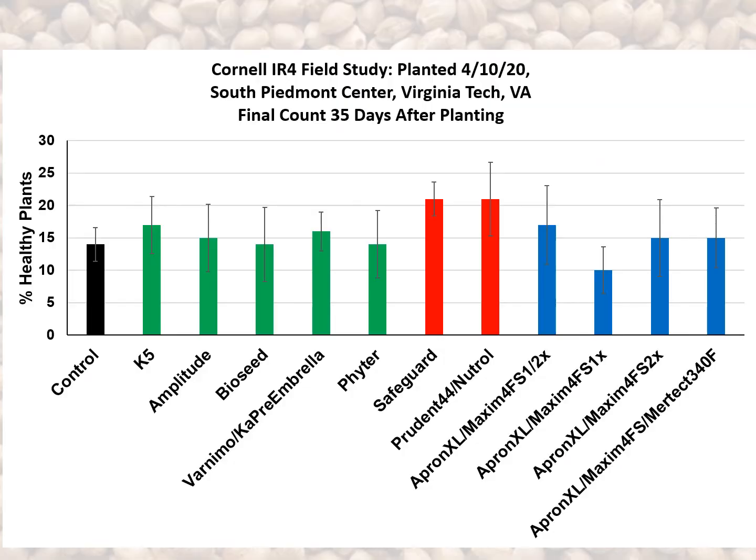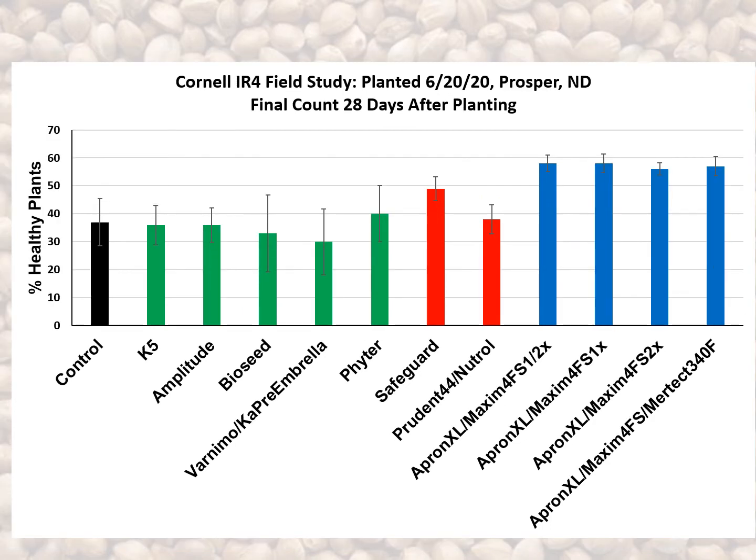Again, the same color coding and the same scheme as we had in our previous slides. We see Safeguard and Prudent doing very well, and this is from one study we have. There'll be one more study coming with data this fall from Virginia Tech. And then North Dakota State, in this case, we're seeing the chemical seed treatments doing quite well across the board.